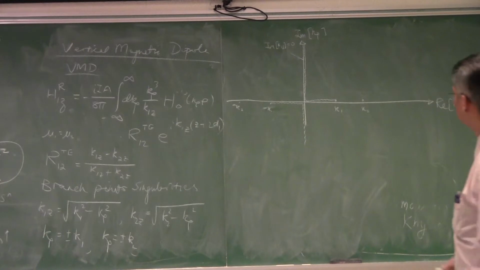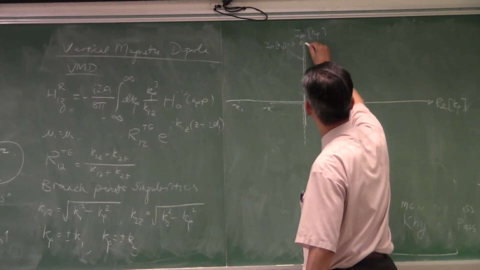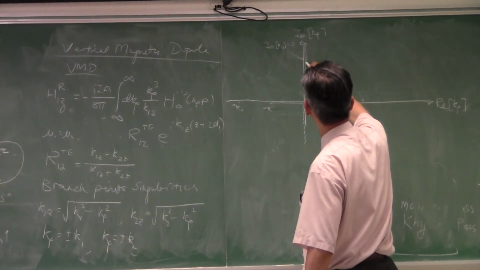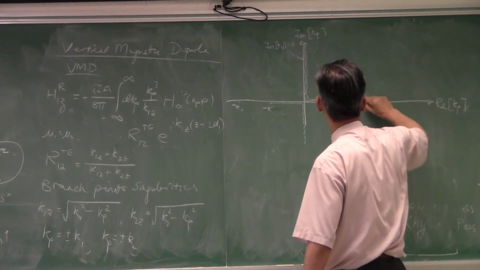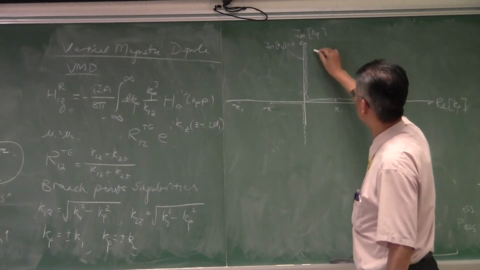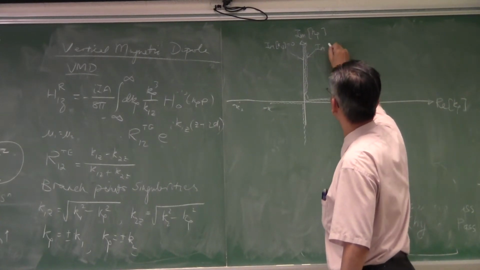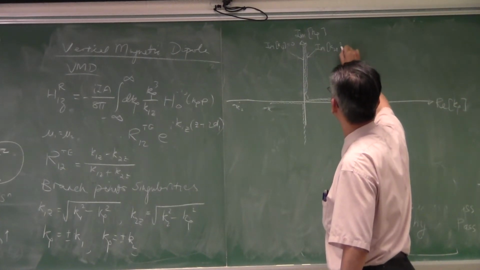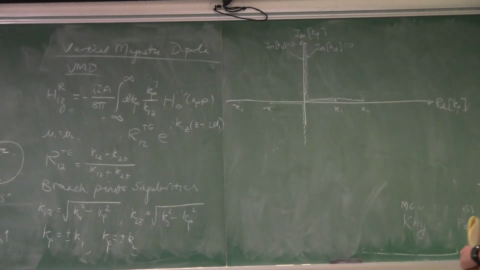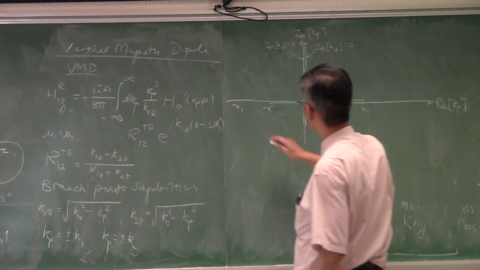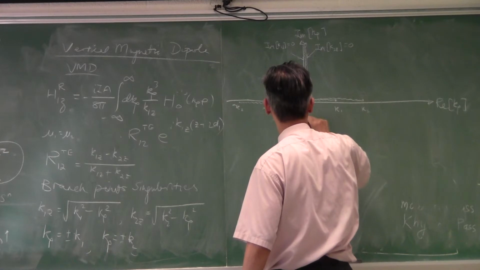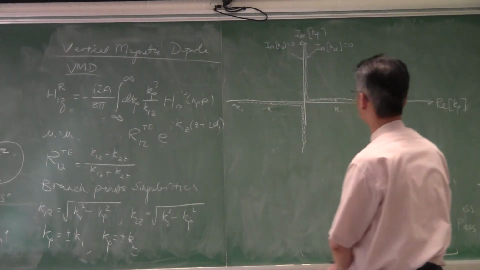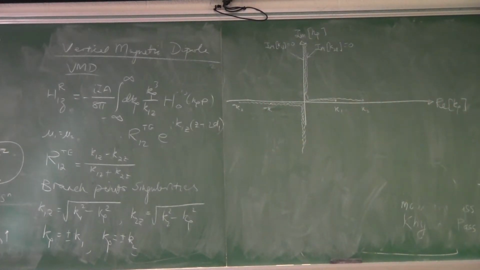Okay, and then there is another branch cut that goes through the k2 branch point. It will also be a rectangular hyperbola. And let's assume the loss is very small. This would be the imaginary k2z equal to 0 branch cut. And the other one will look something like this. Okay.